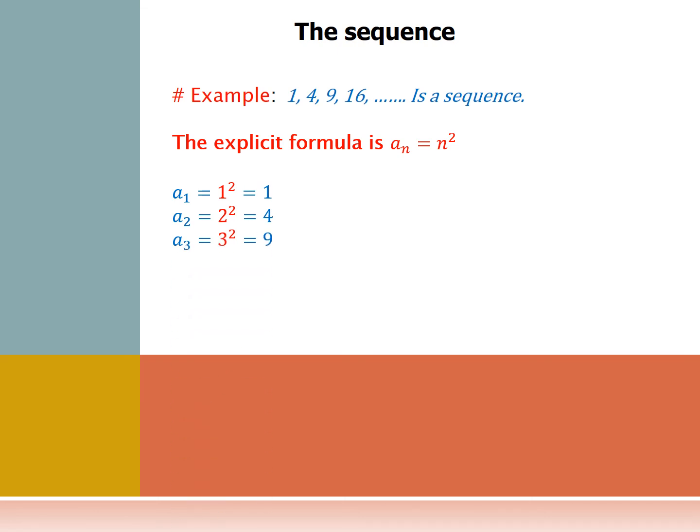Also 3 squared is 9, and 4 squared is 16, till an is equal to n squared. So this is the explicit formula for the sequence in the example.